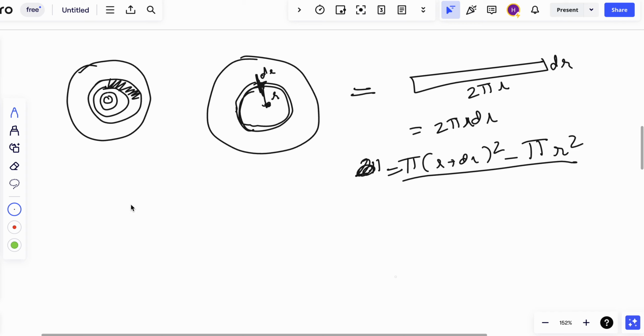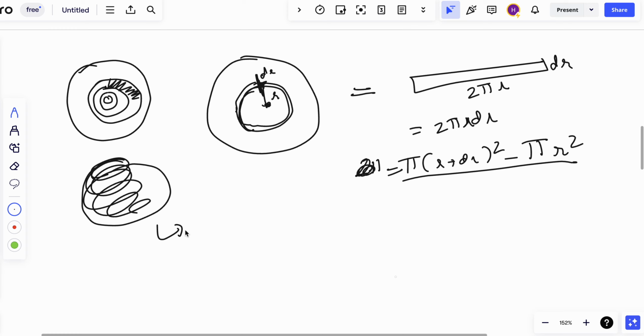For sphere, you have to do it similarly. If there is a sphere here, you have to take it volume wise. So how will you do it? Just imagine the same way. What will be the surface area? Surface area into the thickness will give us the volume, right? So what is the surface area of a sphere?